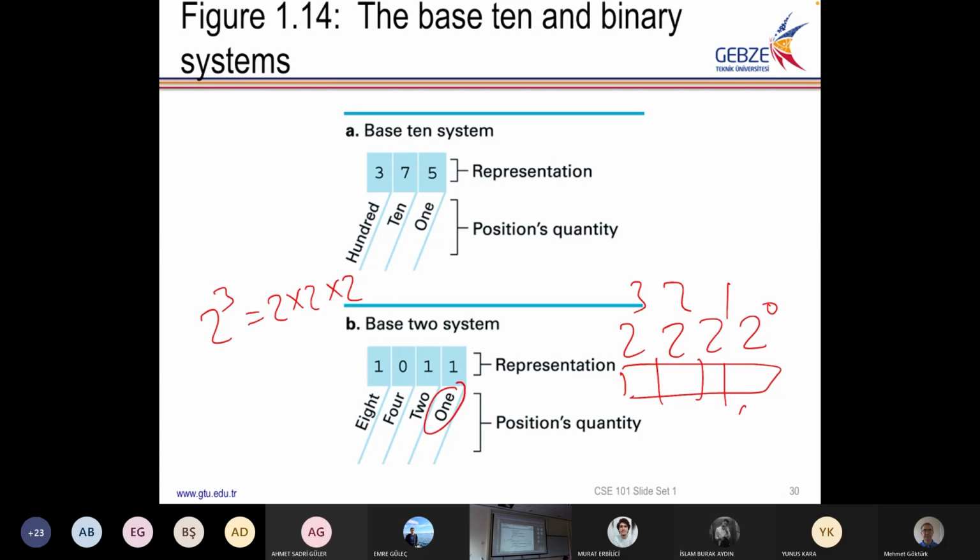This one can show numbers up to 2 to the 0. 2 to the 0 is 1. So it can either show 0 or 1. This one, 2 to the 1, is either showing the presence of 2, or non-presence of 2.